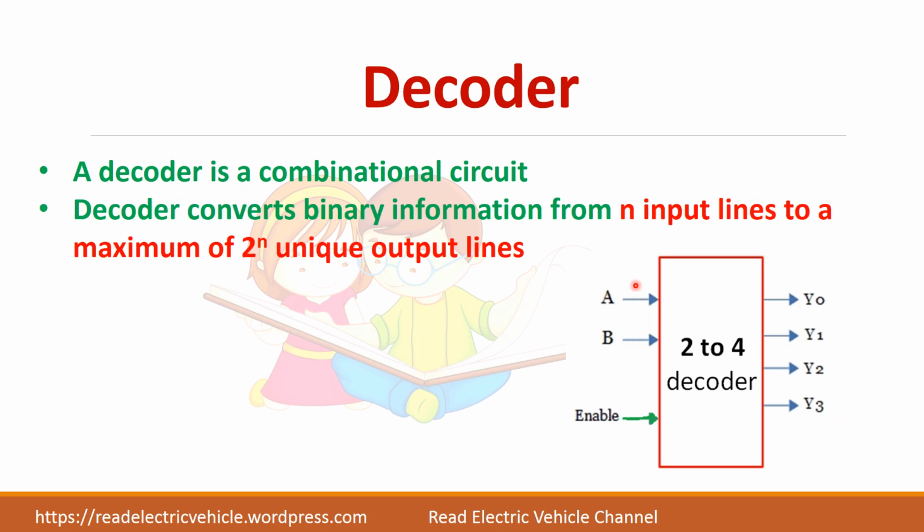So a decoder converts the binary information present in the input lines to the output lines. So any one line will be active depending upon your input combination. Only one output will be active at any time depending upon the input.